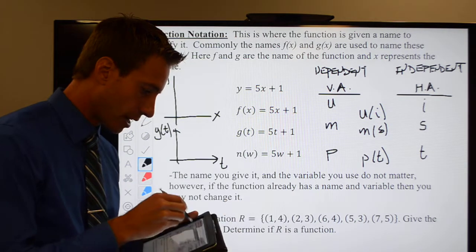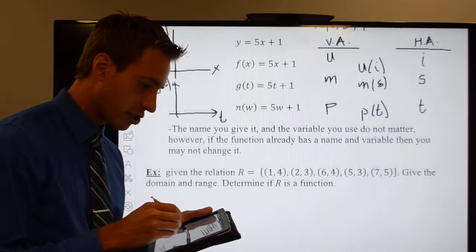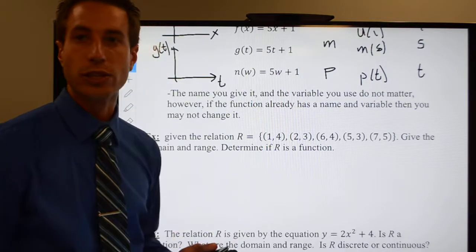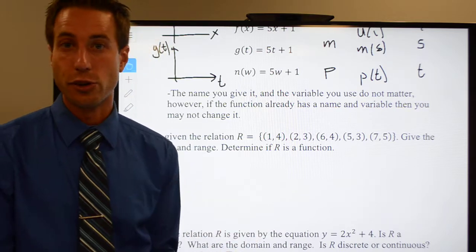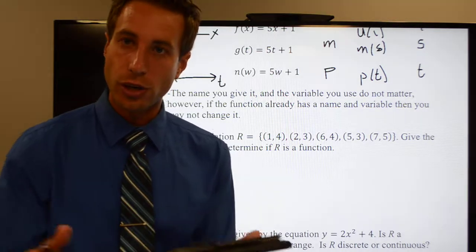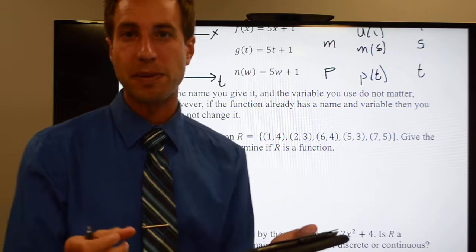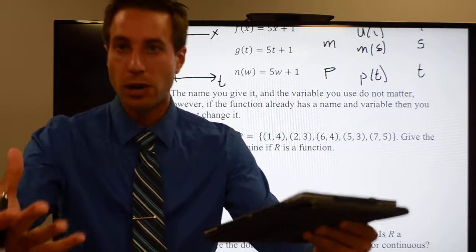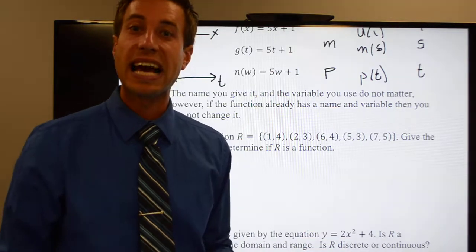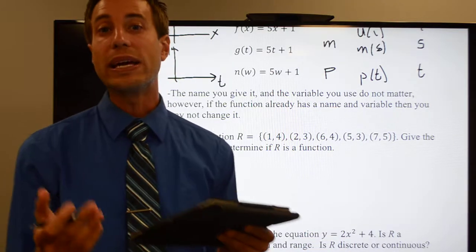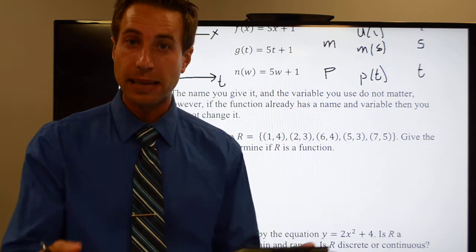Now, one other story here when it comes to naming these functions. If you were to go to, let's say, a shelter and you're looking for a new puppy, one of the things they tell you when you find that perfect puppy for you, and you say, hey, that's the one I want, let me take it home, and they say, hey, well, this puppy already has the name Harley, we would ask, please keep the same name, right?